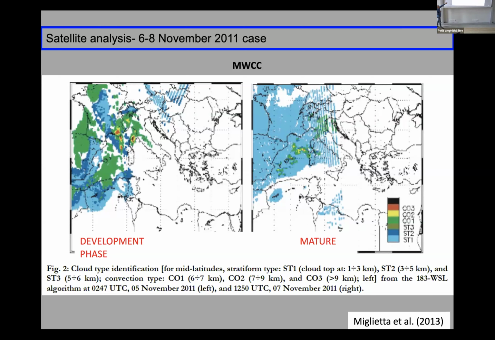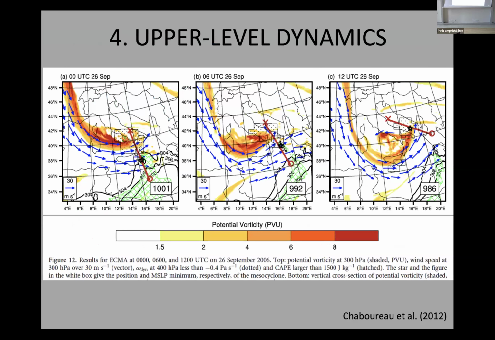And for example, in this case, which is Rolf, I think, affecting the Western Mediterranean, you see deep convection mainly in the development stage, but then in the mature stage, convection seems to be shallower than before. And this was again found in several cases, but not in all. As I said, Llanos has a different behavior showing deep convection even in the mature stage.